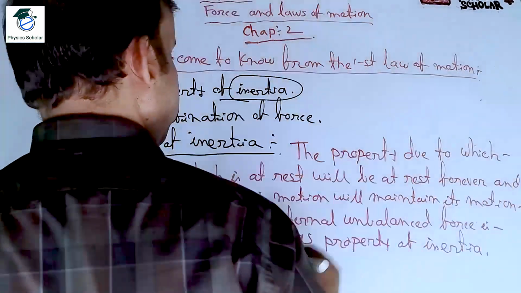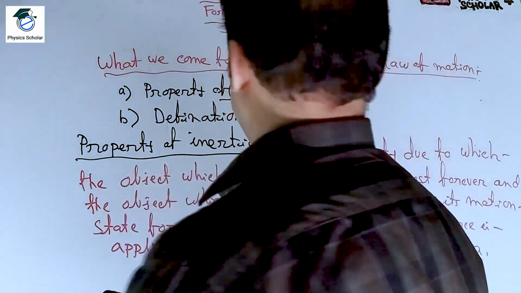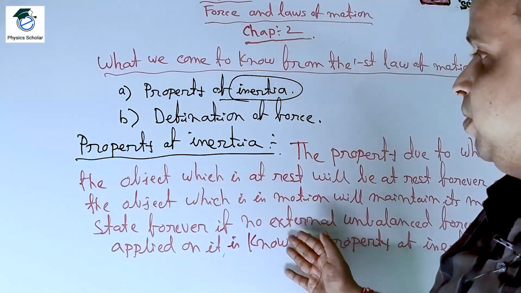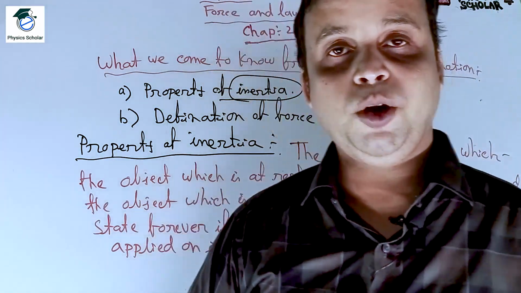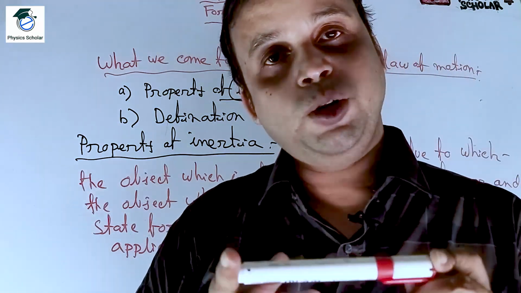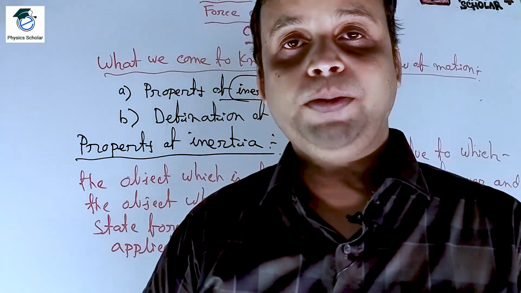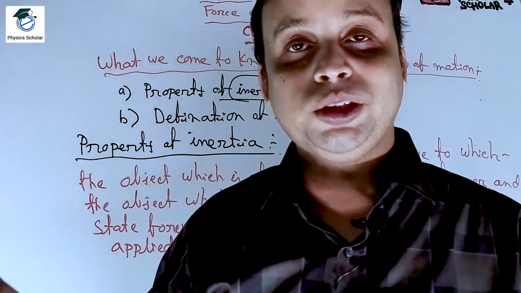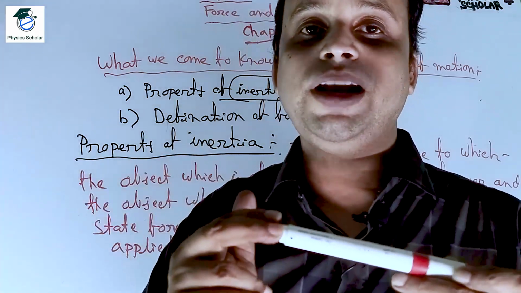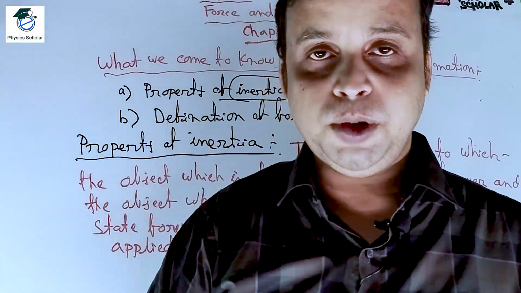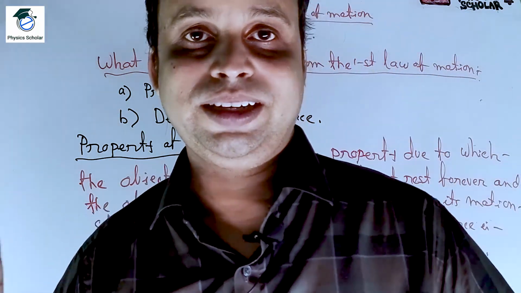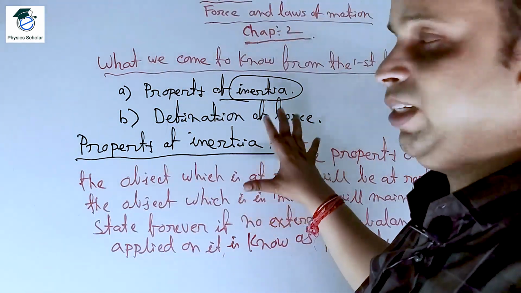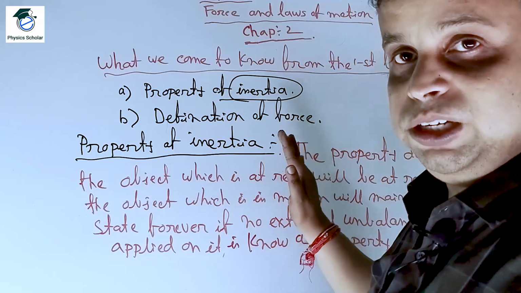So the property due to which a body at rest will try to stay at rest, and a body in motion will try to stay in motion forever if no external unbalanced force is applied on it, is known as the property of inertia of that particular object. Hope you have understood the property of inertia.